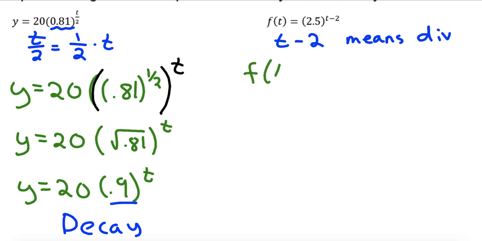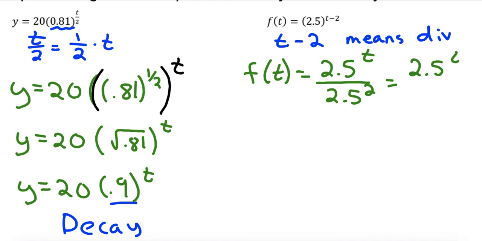So we're looking at f of t equals 2.5 to the t over 2.5 squared. We're undoing that property. So we can calculate 2.5 squared and leave our 2.5 to the t on top. 2.5 squared is 6.25. Okay?